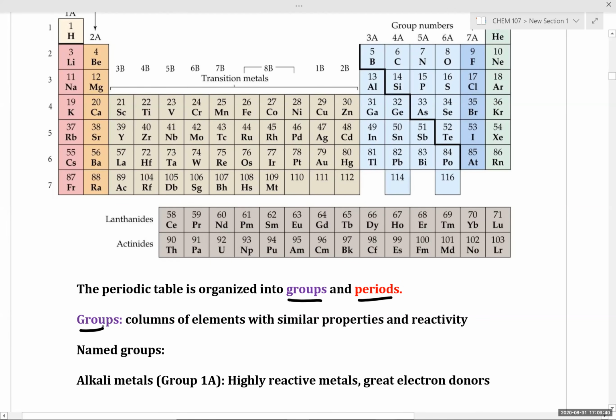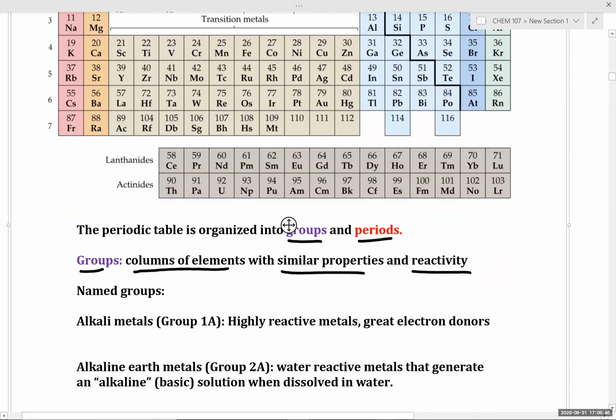For groups, these are columns of elements with similar properties and reactivity. So for our named groups, we have the alkali metals. These are group 1A elements. These are highly reactive metals, and these are great electron donors. These, in general, love to react with water.